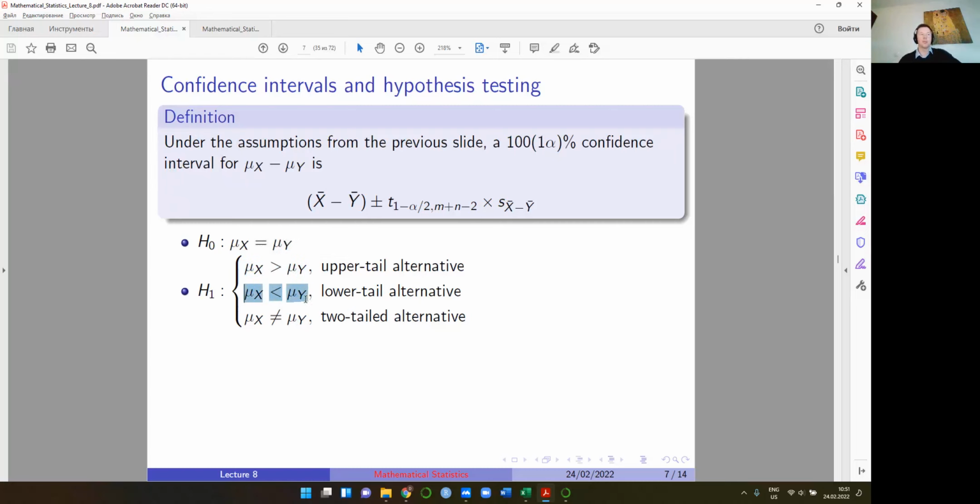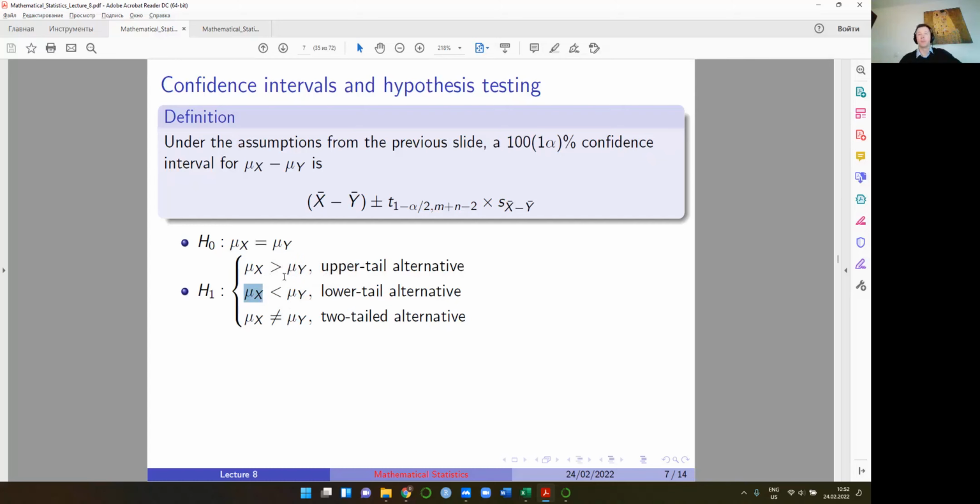But for example, in this case, we want people to suffer less from COVID, right? So we give them a vaccine, and the proportion of people who are ill, who got COVID and have some negative outcomes, must be less than for the control group, right?